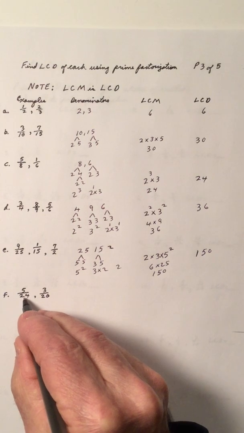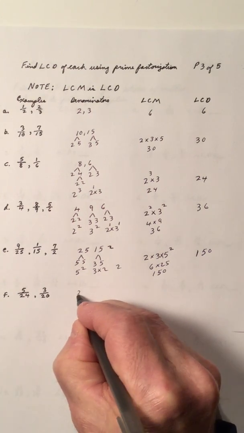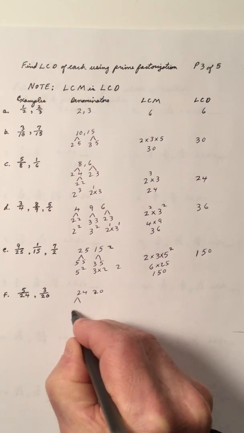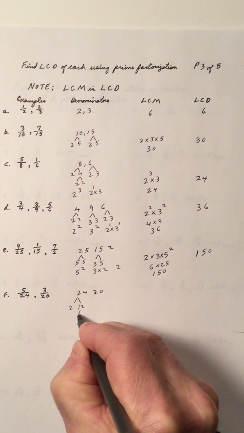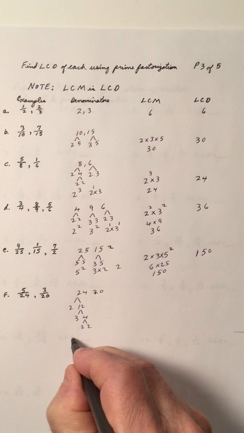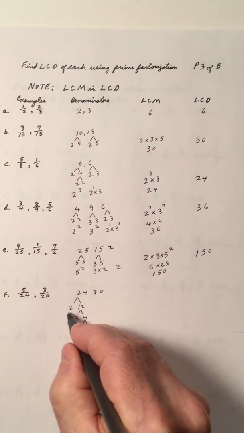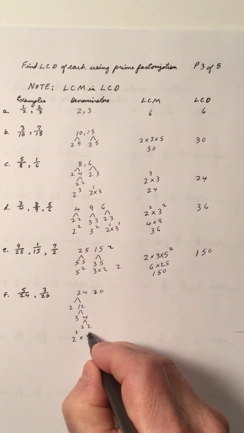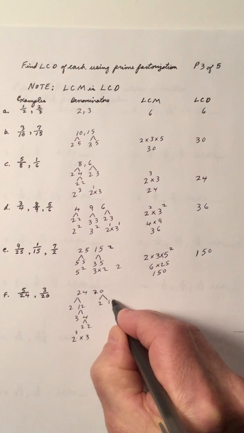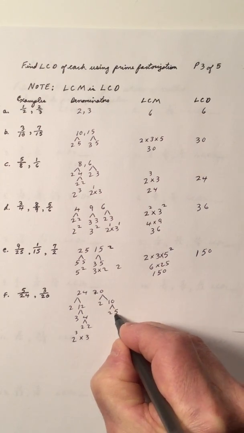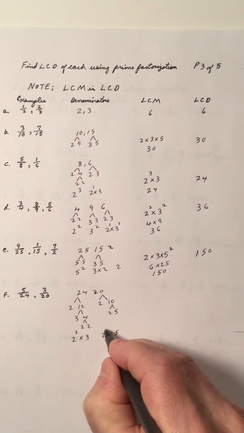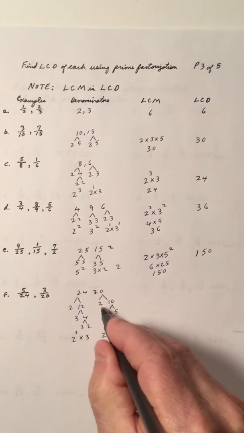5 over 24 and 3 over 20. Let's look at your denominators. Break down 24 is 2 times 12. 12 is 3 times 4. 4 is 2 times 2. So that's a 2 and a 3. We have three 2s and one 3. 20 is 2 times 10. 10 is 2 times 5. And there's two 2s, which makes 4.